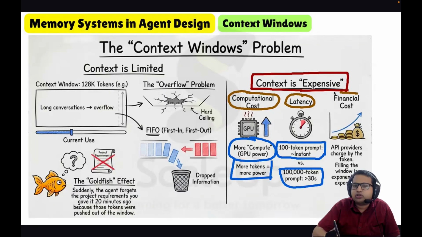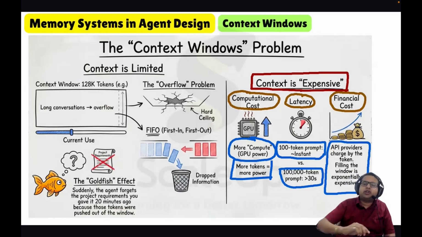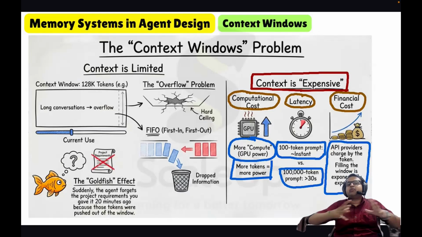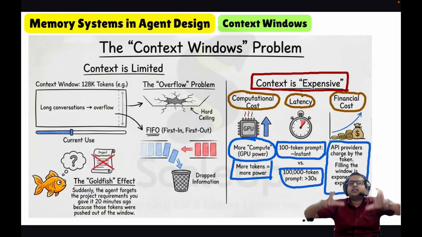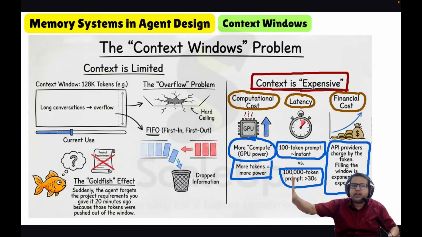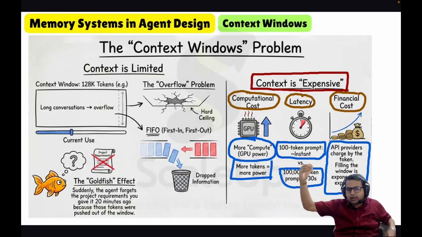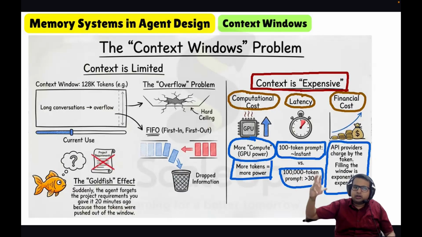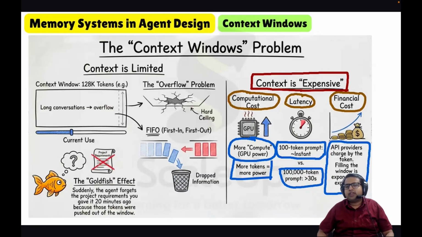And financial cost. Most API providers charge by the token. Filling the window is exponentially expensive, because if we keep on increasing the context window and just keep filling it and giving it to a large language model like Google Gemini, GPT, or Claude, then the API charges will increase exponentially because API providers charge by the token.